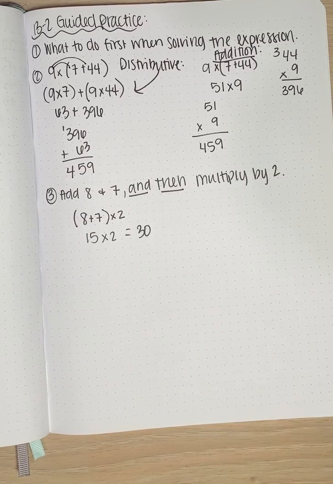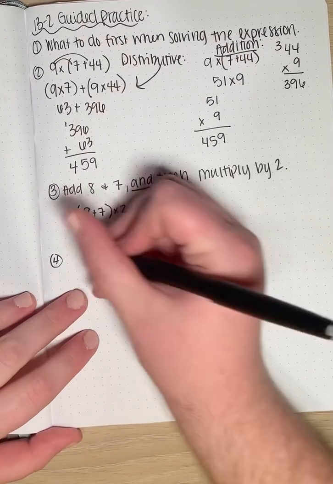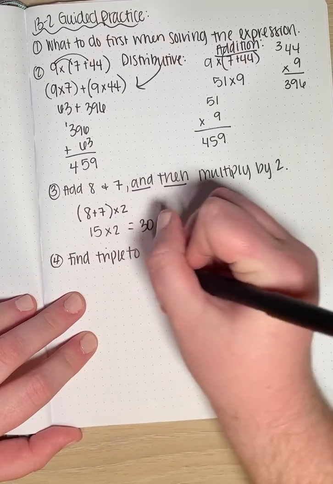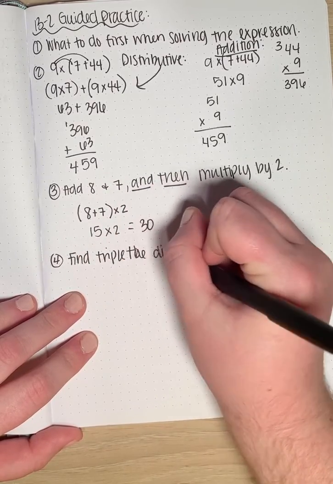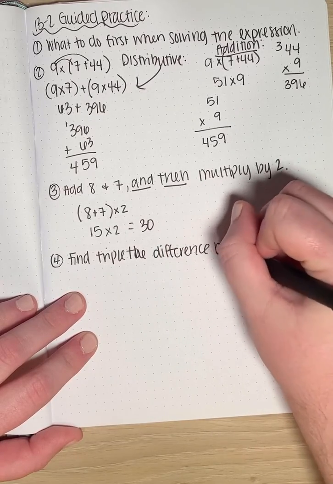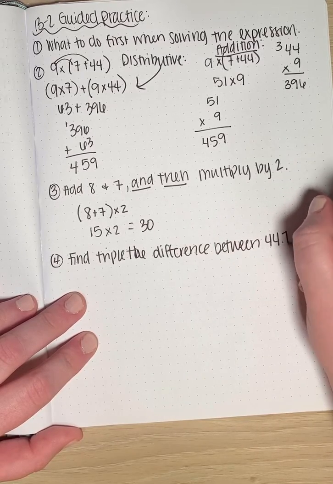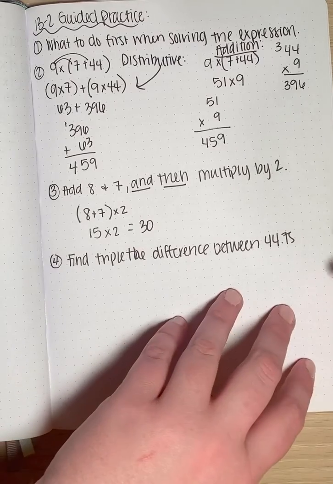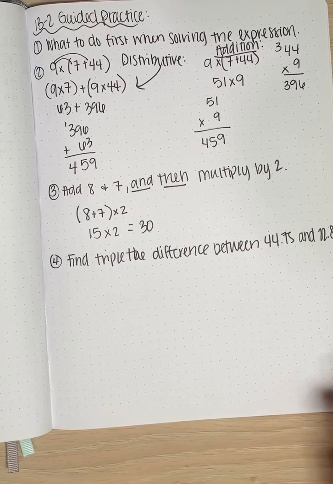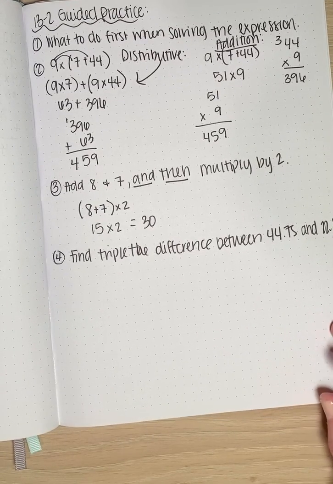All right, question number 4. It says find triple the difference between 44.75 and 22.8.